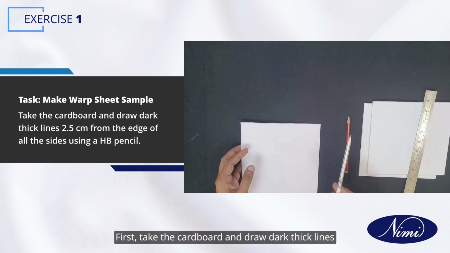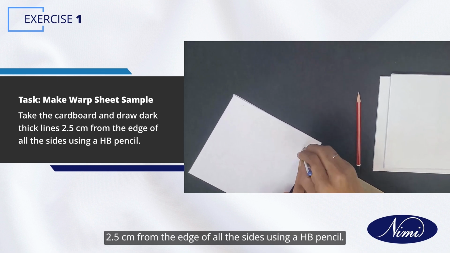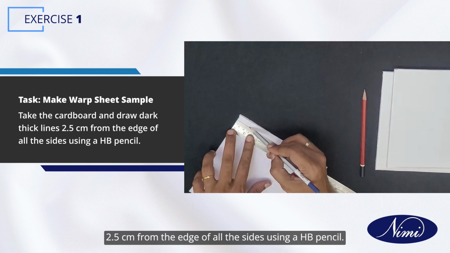First, take the cardboard and draw dark thick lines 2.5 cm from the edge of all the sides using a HB pencil.